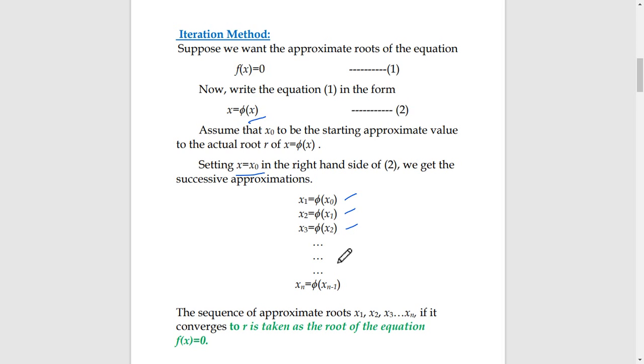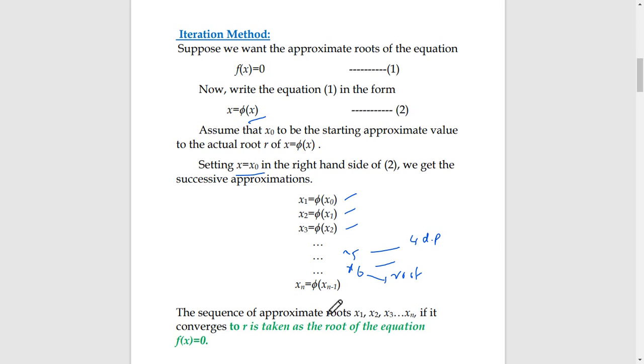Then the nth iteration. Suppose while doing a problem, you get the fifth iteration and the sixth iteration both with the same value up to a certain decimal points, say up to 4 decimal points, then we say that this is the root, because we got two iterations with the same value.